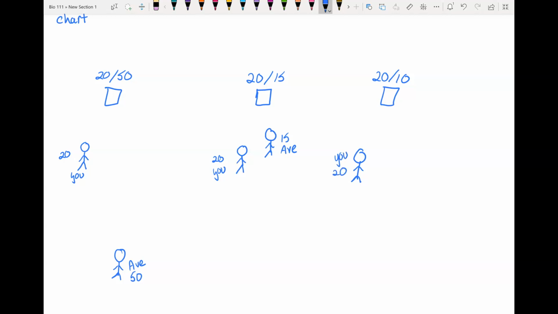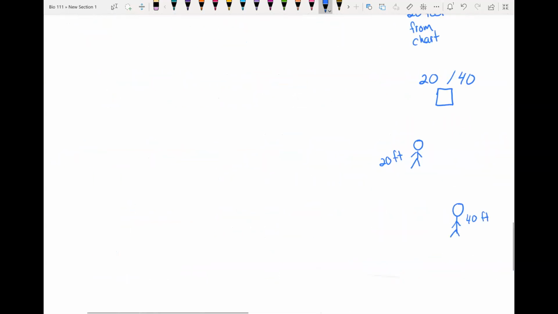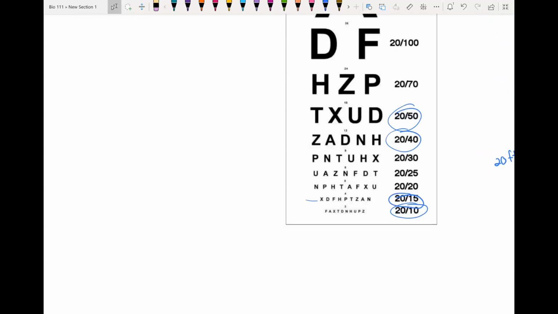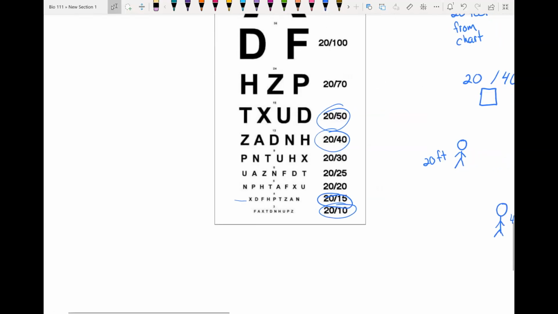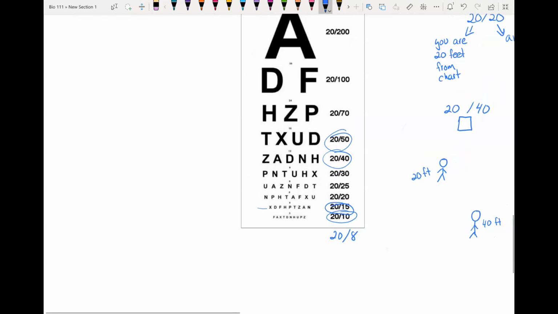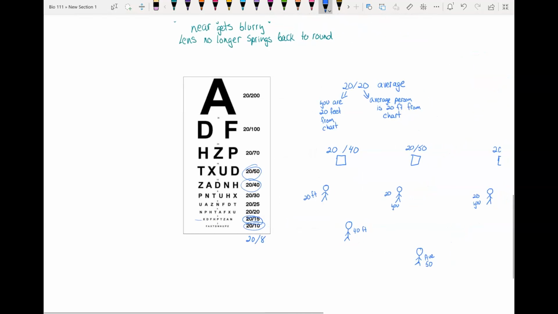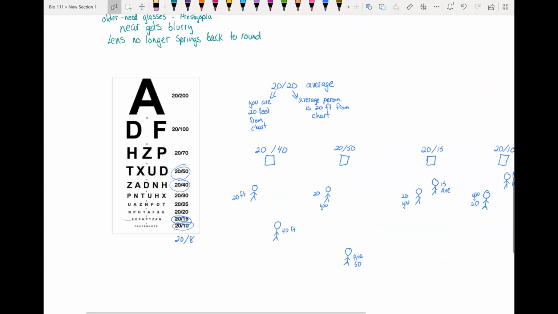The average person has to come all the way up here to 10 feet in order to read that line. So you can read from 20 feet what the average person can only see if they're 10 feet away. And 20/8 is the limit of human vision. So there's some information for you about the eyes, and hopefully now you understand what 20/20 means.